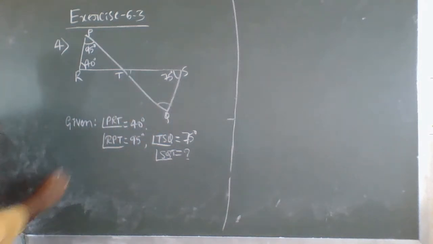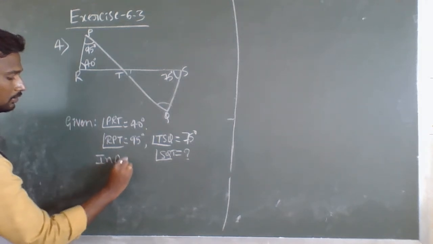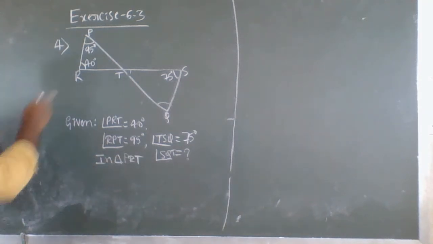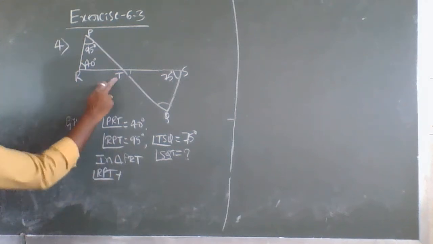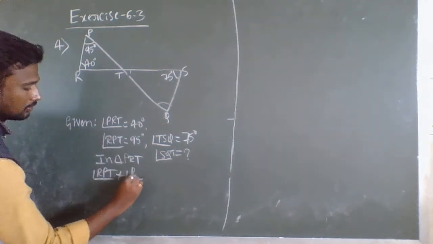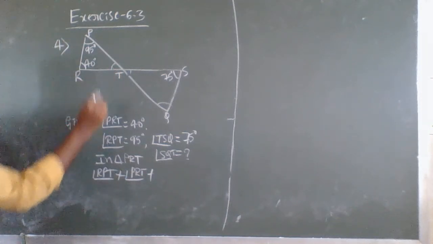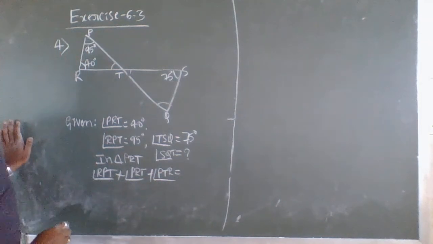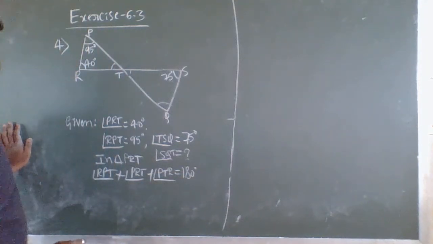See here, in triangle PRT, angle RPT plus angle PRT plus angle PTR, meaning this angle, is equal to 180 degree, because of the angle sum property of triangles.